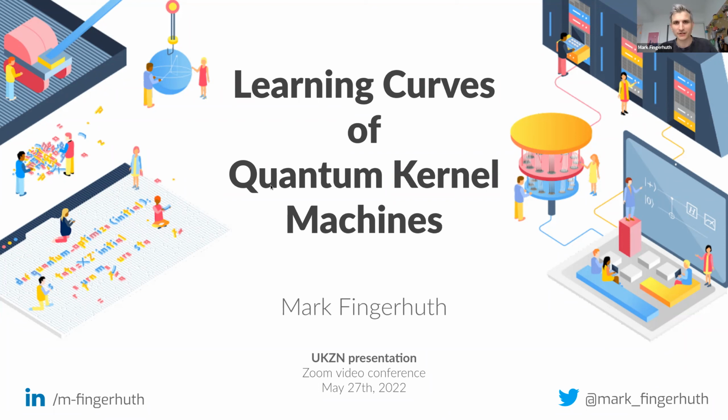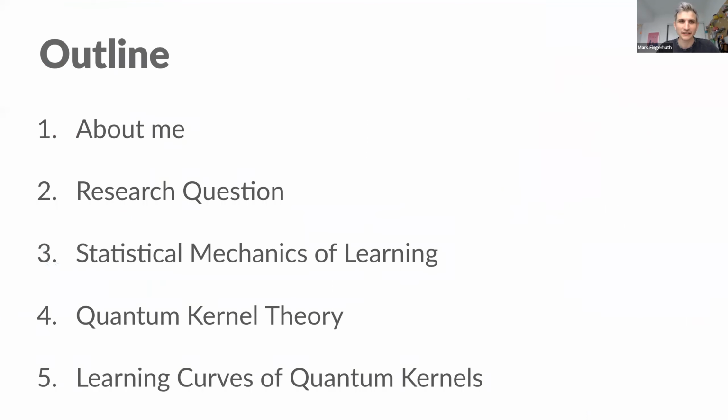So I'm going to be talking about the topic of my master thesis today, which is learning curves of quantum kernel machines. Quickly about the high-level outline: I'll introduce myself, then talk about what the research question and the goal of the research were. Then we have two things we need to introduce first.